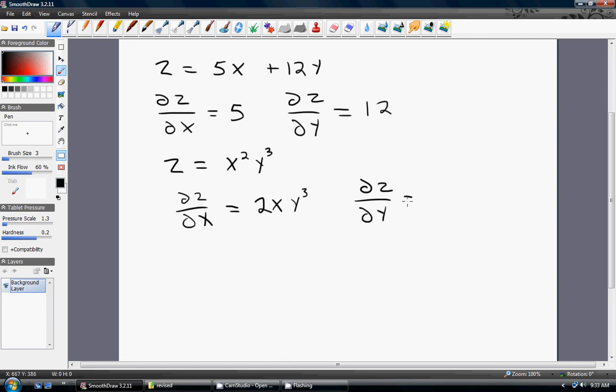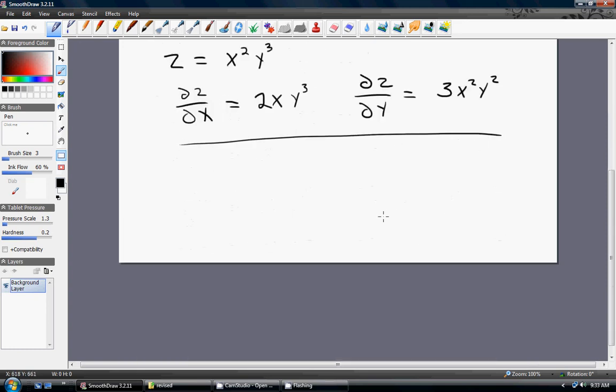Partial derivative of z with respect to y. You're going to concentrate on taking the derivative of y to the power of 3, which is going to be 3y squared. Okay. The x is hanging around for the ride. It's just a constant. So you'll get the result of 3x squared y squared.